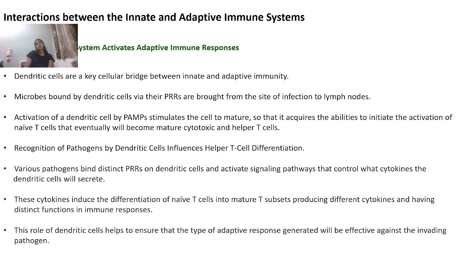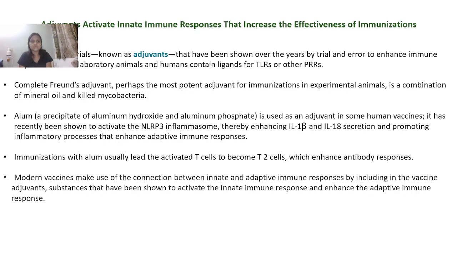So this innate immune response is majorly involved in activation of the adaptive immune response through various ways. I don't know whether you guys have heard about adjuvants or not, but adjuvants activate the innate immune response and increase the effectiveness of immunization.